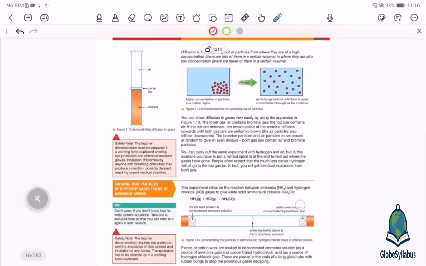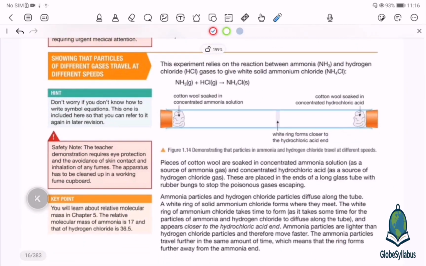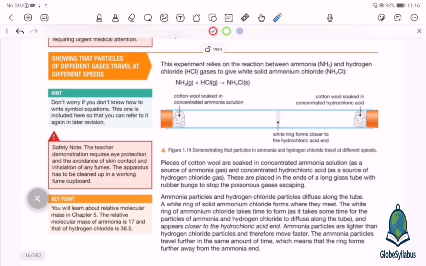There's also an experiment of diffusion you need to know, which is the diffusion of ammonia and hydrochloric acid. First of all, we soak two cotton pads.